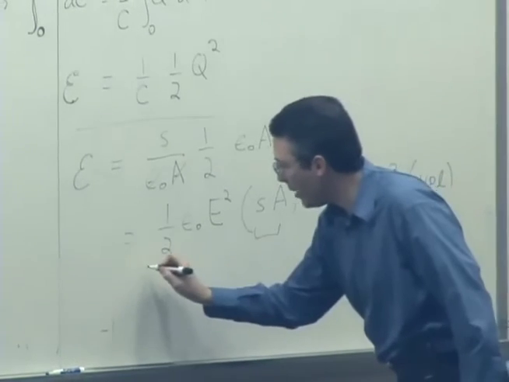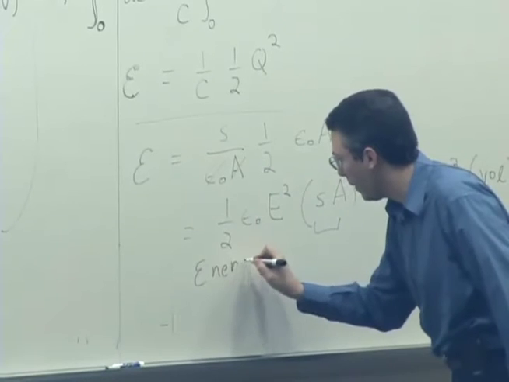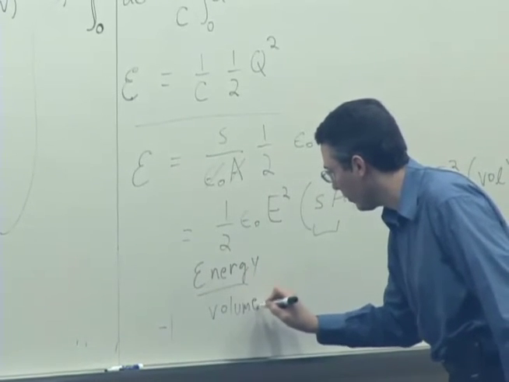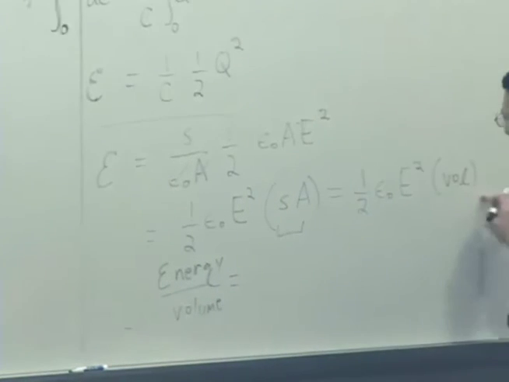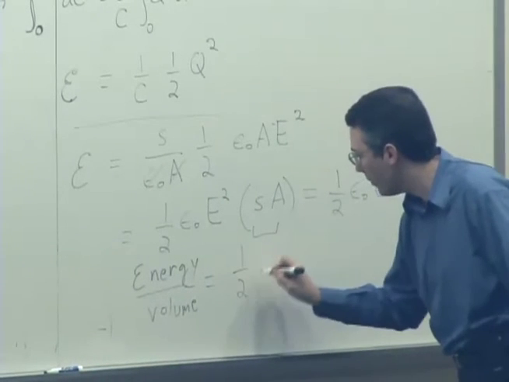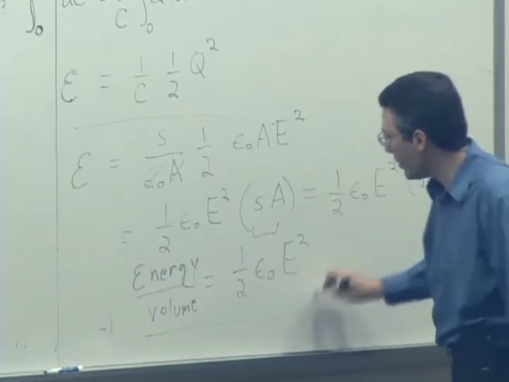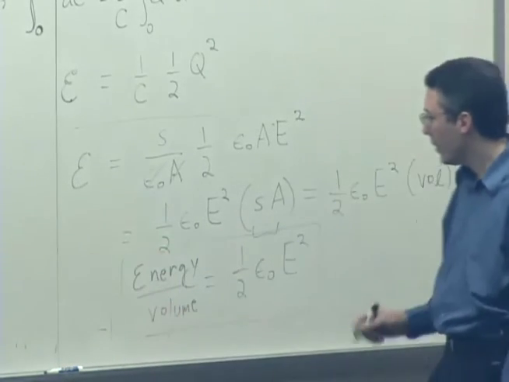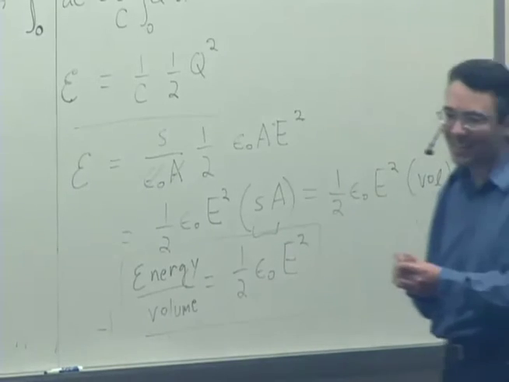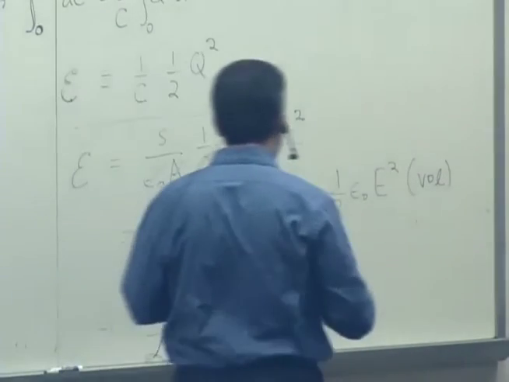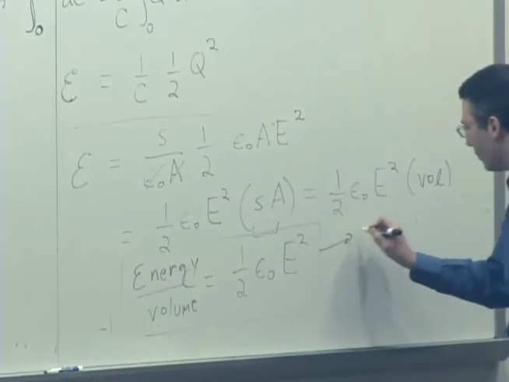And if I say the energy over the volume, just divide through by the volume, I get 1/2 epsilon 0 E squared. This turns out to be a general formula. And this is the energy density for an electric field. Energy density meaning energy per unit volume.